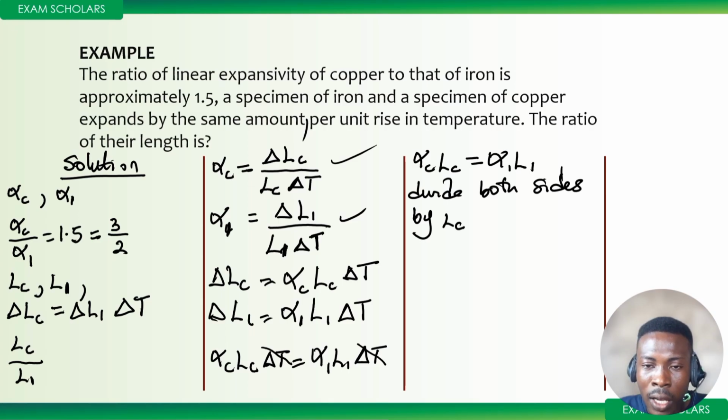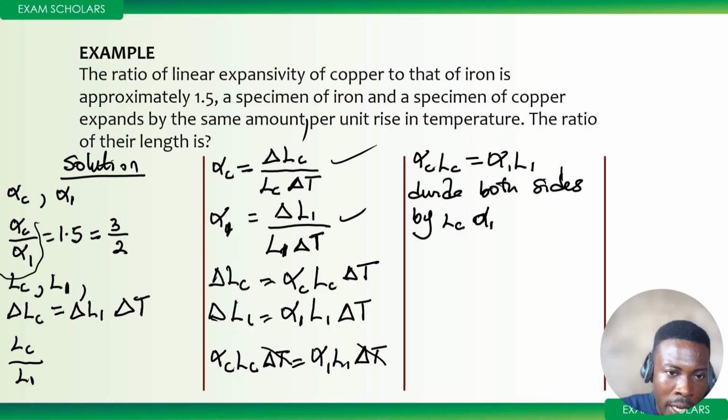Someone is asking me, why am I doing this? Now, I'm trying to rearrange this expression in such a way that I'm going to have this at one side. So the best way is to get rid of this Li and to bring this alpha I as the denominator this side. So that is the reason why I'm dividing all through by this.